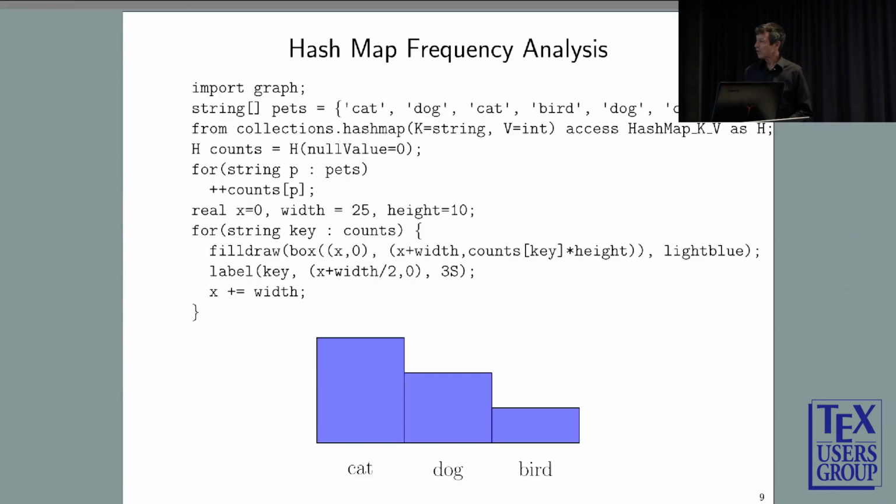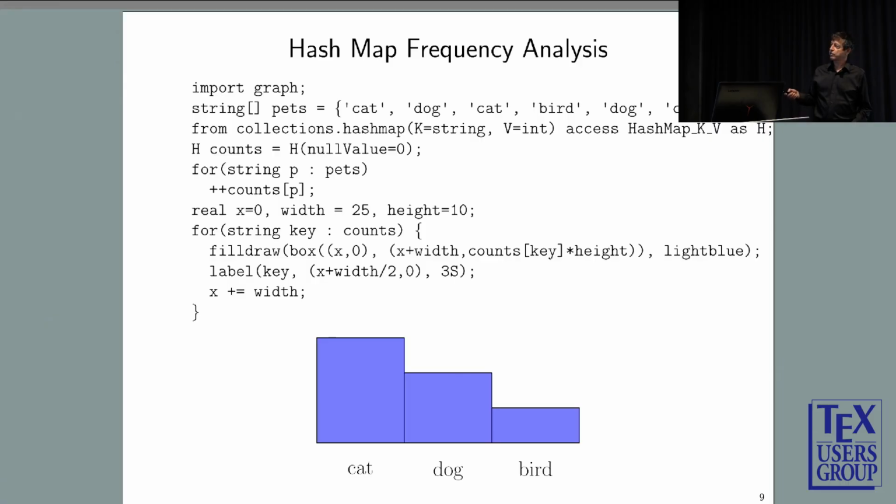Okay, so another example, you might be doing a frequency analysis on pets, to see which are the most common pets. So you've got a list of pets. I didn't have room here for a long name, so I just called my hash map h. I create an instance of that hash map called counts, and I can iterate on it, and I simply increment for each.